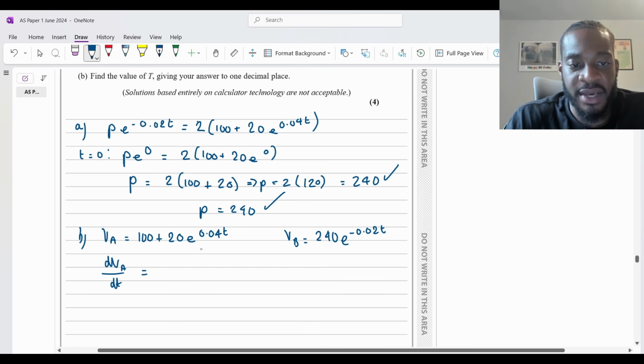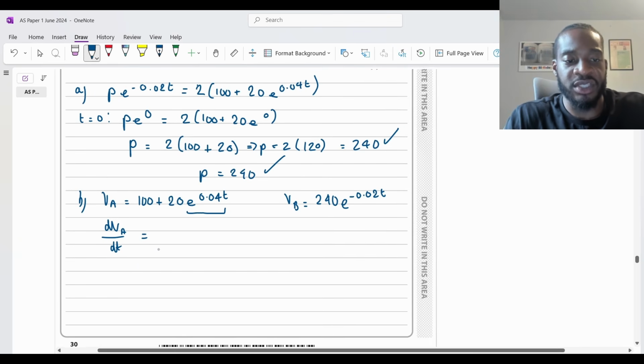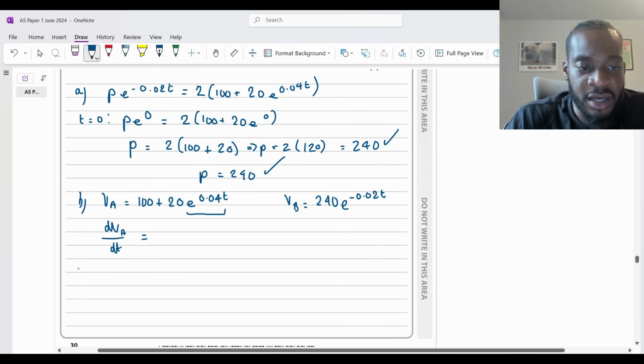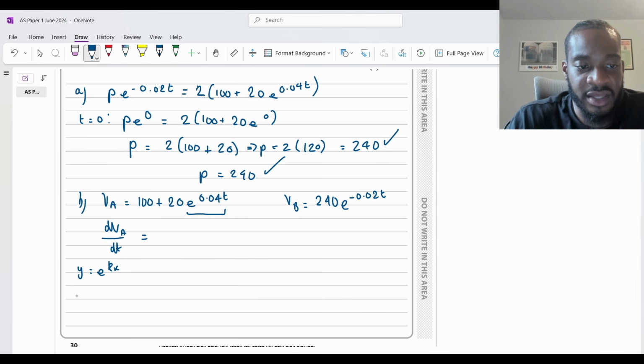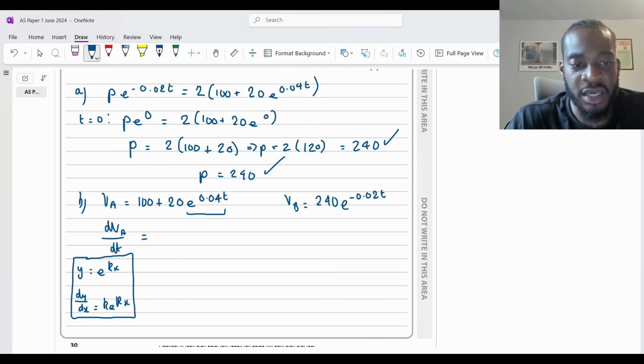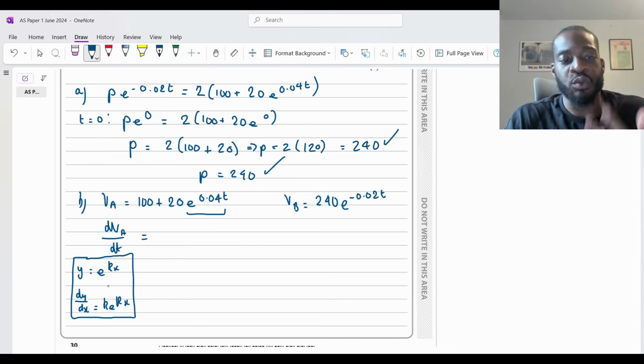Differentiate this one. The 100 would disappear. Now we're differentiating an exponential. How do we differentiate those? Let me give you a quick rule. If y is equal to e to the kx, then dy/dx is just equal to ke to the kx. You always just bring that constant to the front. It's essentially differentiating the power and bringing it to the front, which is the chain rule, which you will learn when you get to year 13.